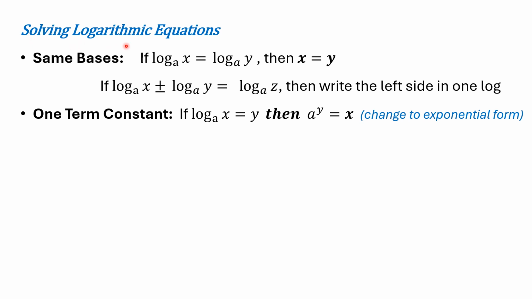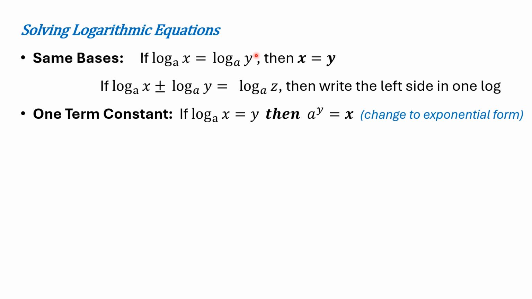Now, in solving logarithmic equations, there are two cases. The first one is if they have the same base. For example, if log of x to the base a is equal to log of y to the base a, since these two logs have the same base, they're equal only if x is equal to y.